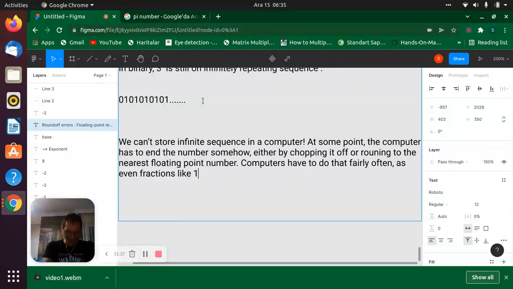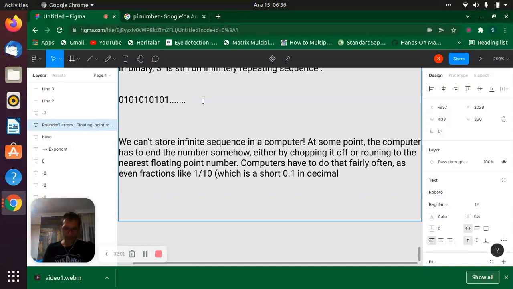Leakage prone. By 10, which is a start, which is a short 0.1 in decimal.